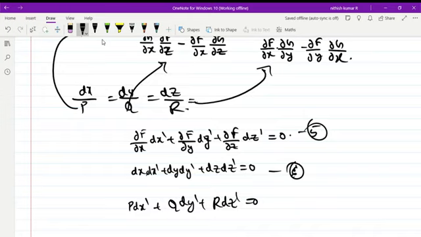Say take it equal to some L, then dx is nothing but p into L, which implies dx is directly proportional to p. Similarly, dy is directly proportional to q, dz is directly proportional to r. So here dx is directly proportional to p, so I am replacing it by p. So p dx dash plus q dy dash plus r dz dash is equal to 0. Means all the ratios are equal. I am getting this equation.